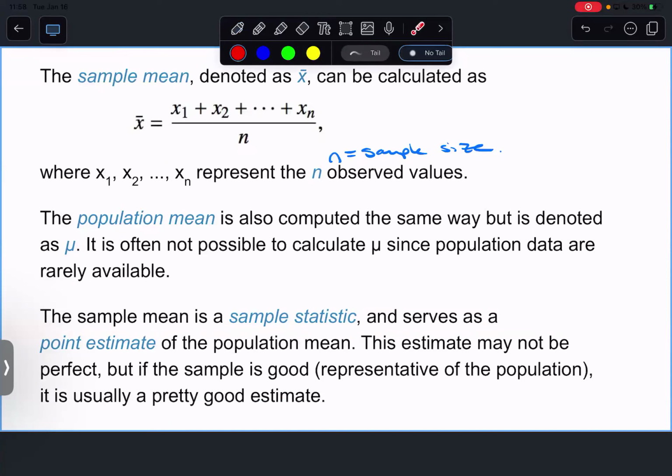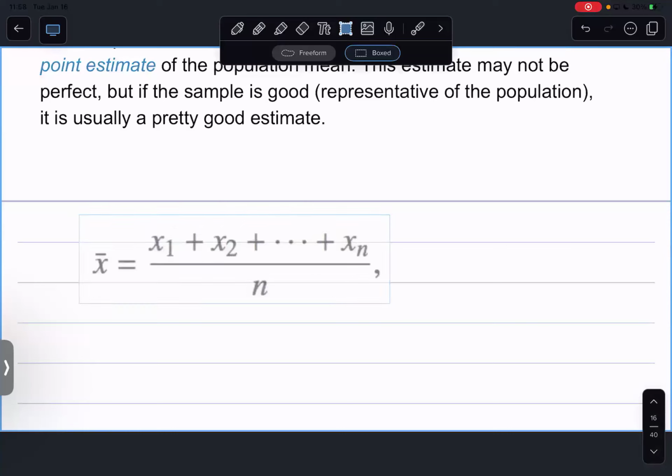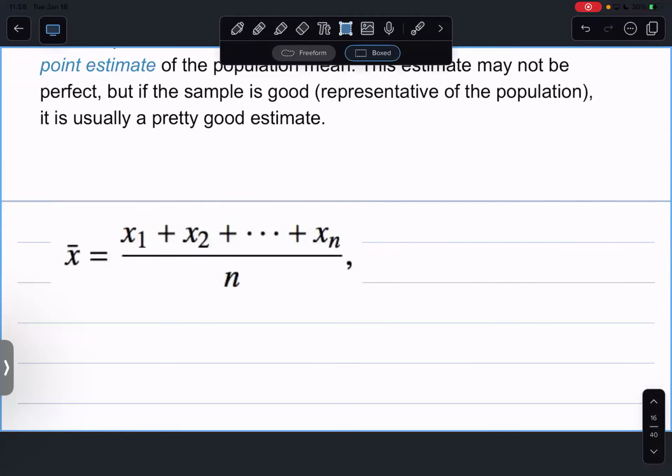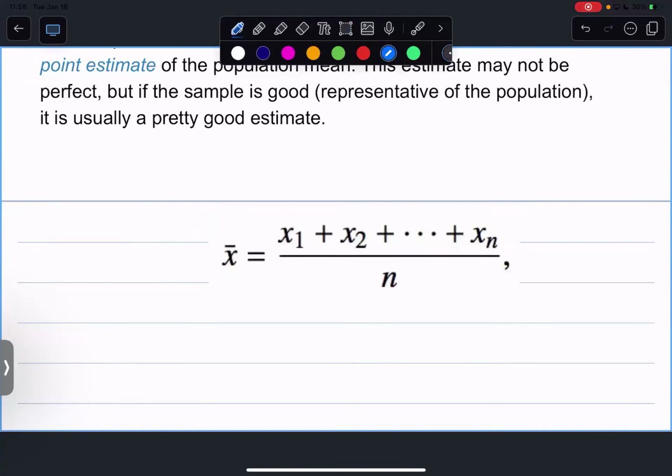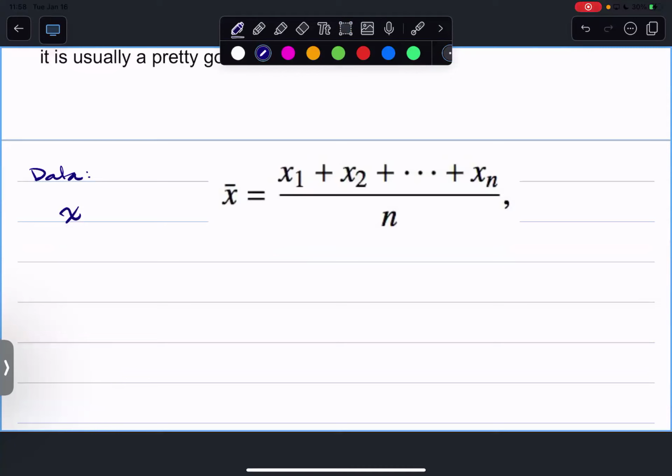Ignoring the X bar for just a second, we are going to talk about it, but there's a lot of moving parts here in this relatively basic formula. What this looks like, I'll put it down here, is if our data set has some variable X, just a general name X, right?